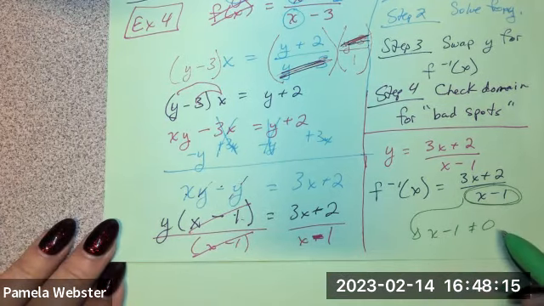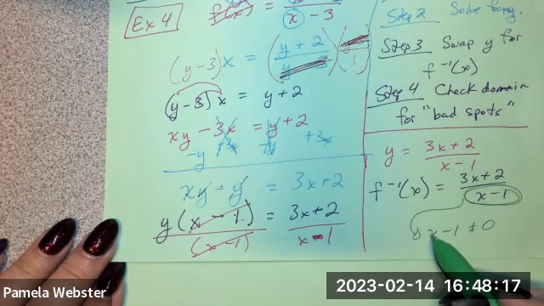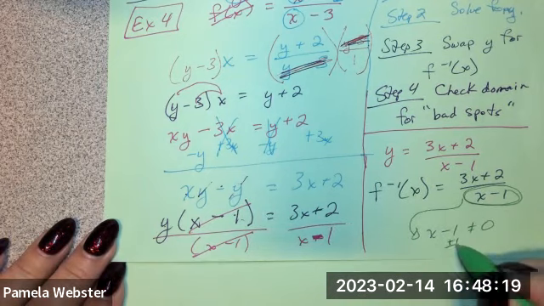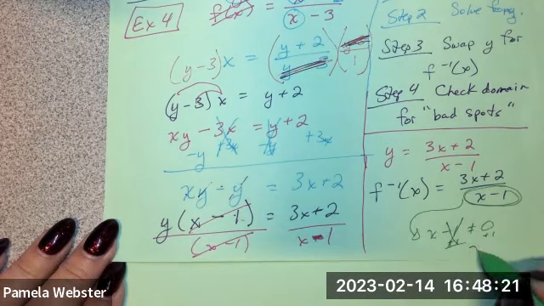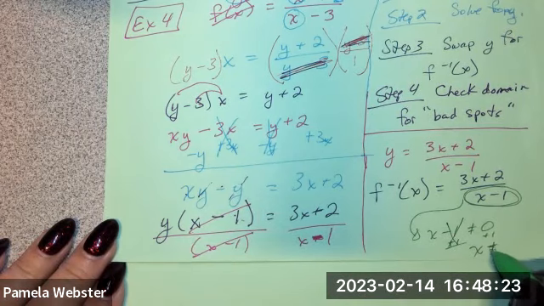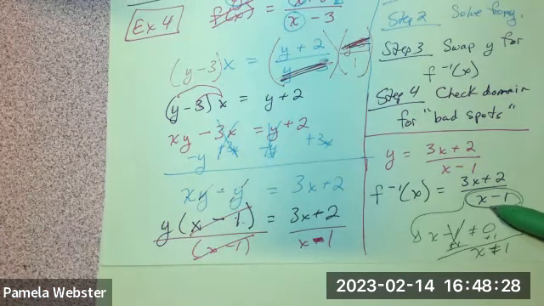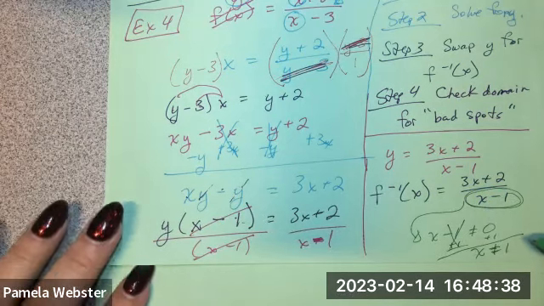And so I've got x minus 1 can't be 0, so I can solve for that x, just add 1, right? This goes away. x cannot be 1. And if you look at that, it should make sense, right? If I had 1, I'd have 1 minus 1, and 1 minus 1 would be 0 on the bottom, and that would be undefined. So in my inverse, x can't be 1.